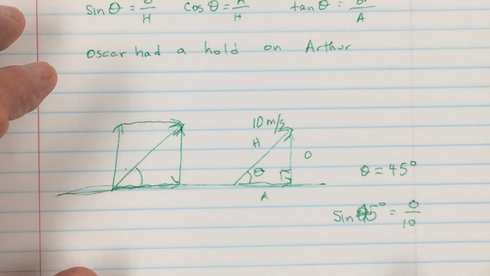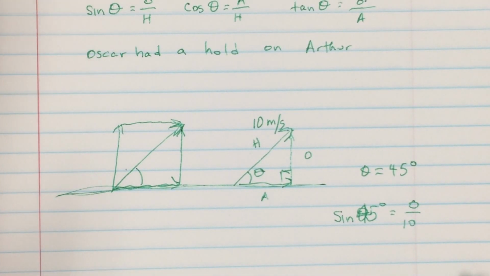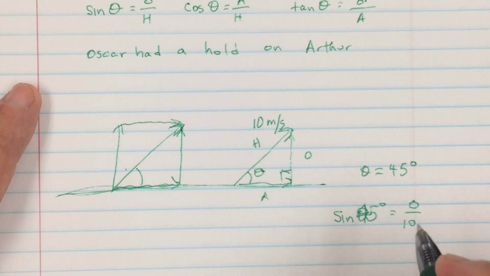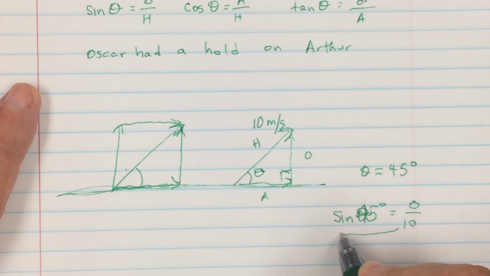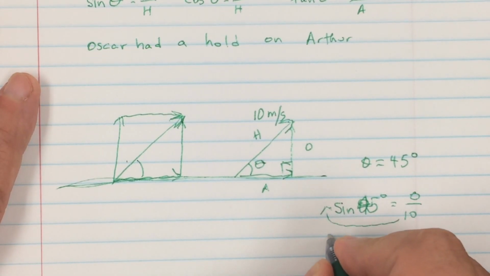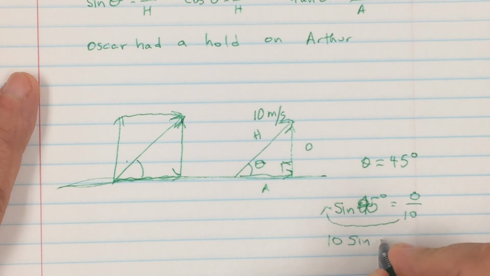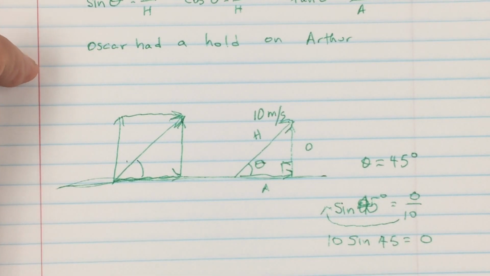If you were to put 45 in your calculator, you would get an answer. And I'm going to solve for O. So I'm going to take 10 and bring it up beside the sine of theta, and I'm going to have 10 times the sine of 45 equals O.